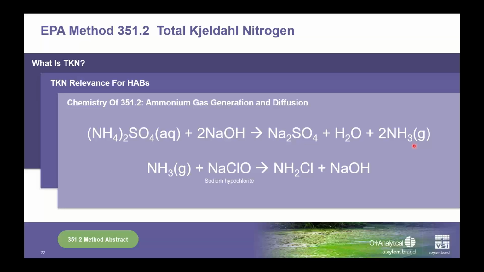Now, the gas diffuses through a hydrophobic polypropylene membrane during the digestion, and it reacts with a sodium hypochlorite solution. And that reaction between the ammonia gas and the sodium hypochlorite yields chloramine. So this is described in the method abstract that you can find online.